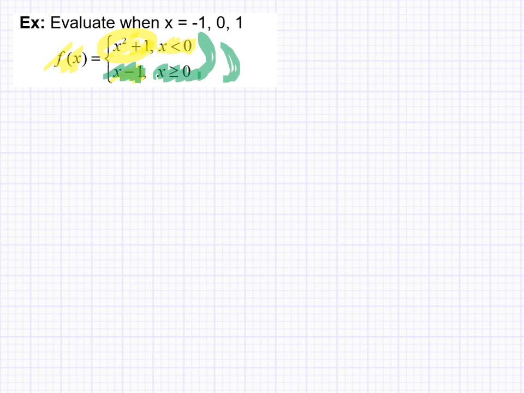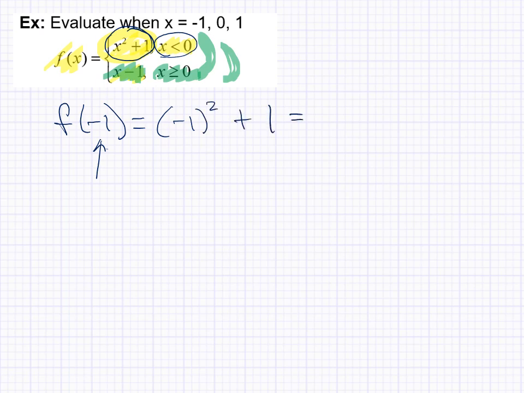So if I wanted to find, say, f of negative 1, I have to know what piece I would use for that particular x value. So in this case, x is less than 0 because it's negative 1, so we should use this piece, x squared plus 1. So I would have to square the negative 1 and add 1, which would give me 1 plus 1, which is 2.